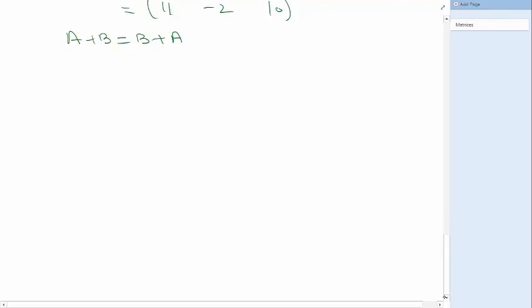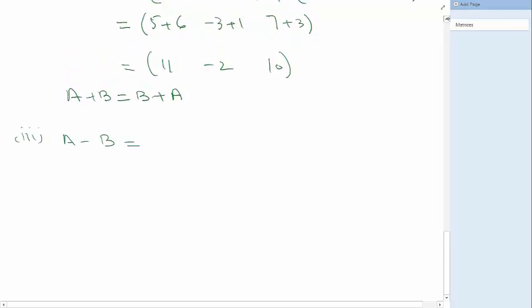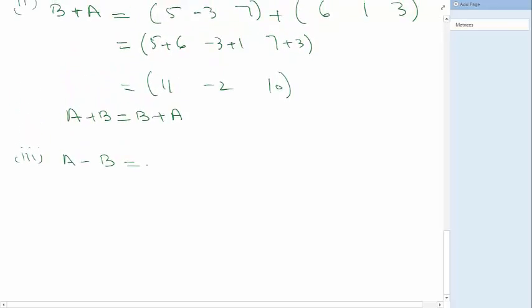Now, if you try to solve A minus B, we need to subtract two matrices, right? Here we need to subtract the corresponding entries. So 6 minus 5, 1 minus of minus 3, and 3 minus 7.